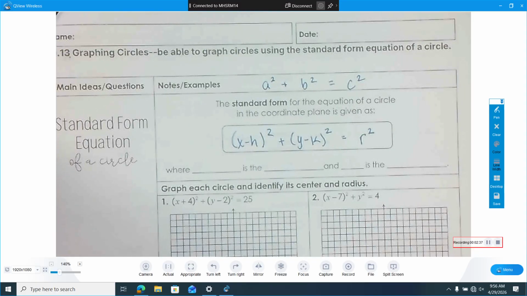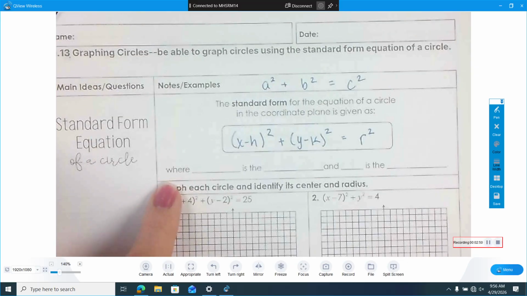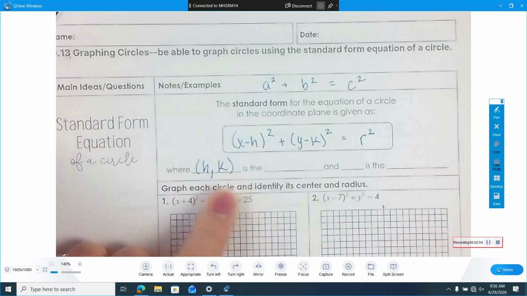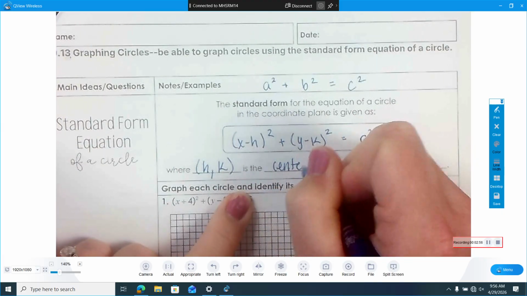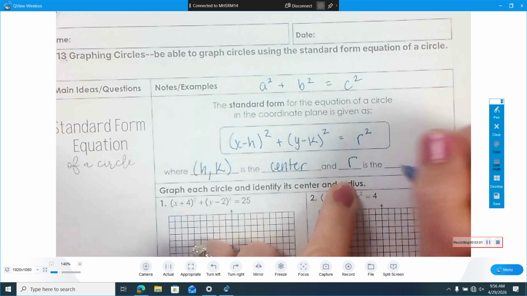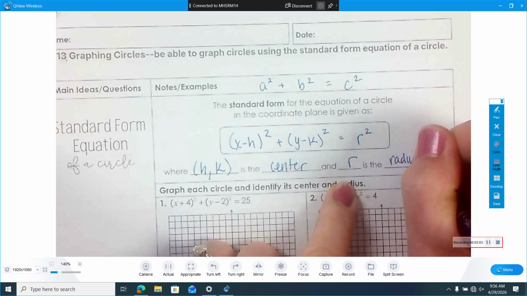It does come exactly from the Pythagorean theorem, and what we get is it traces out a circle of a particular radius. It turns out that (h, k) is the center of the circle, and r is the radius.